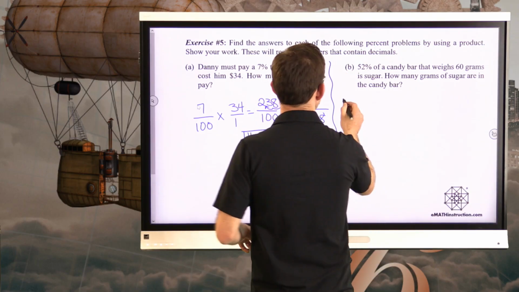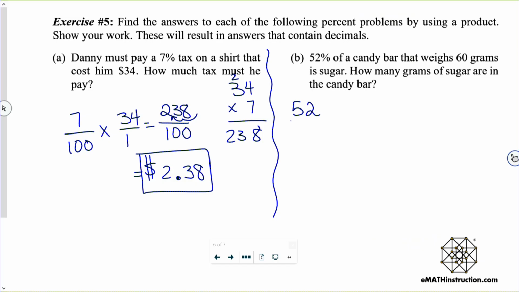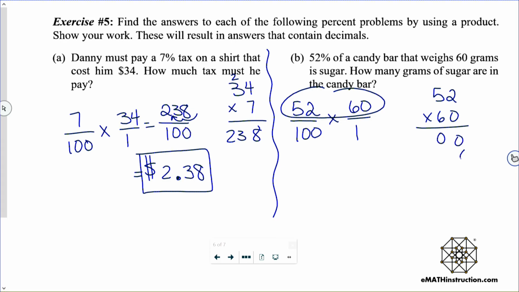So in this particular situation, we've got 52 100ths, and we're multiplying it by 60. Again, you can do some cross-canceling here, though. I'm going to take the approach of doing 52 times 60. I'll do that over here on the side of my paper. I'll get 3,120.